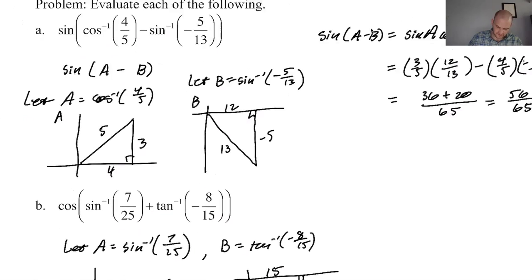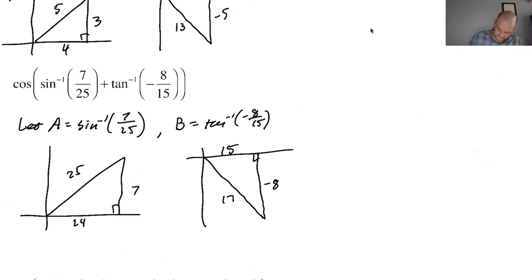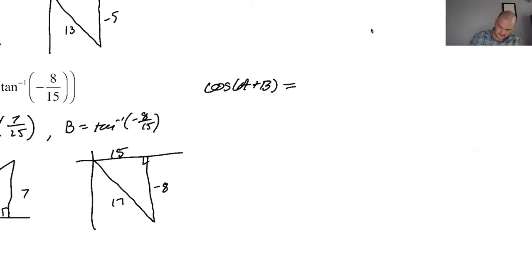So I don't know if I'm going to want to multiply these by hand, but we'll find out. So we're finding the cosine of A plus B after we do our let thing. So that'll be cosine A, cosine B, minus sine A, sine B. And now let's sub in.